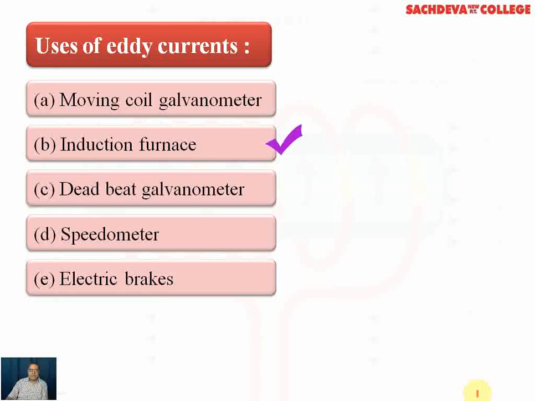Induction furnace is another case where the eddy currents are useful, or the deadbeat galvanometer. That is, if eddy currents were not there, the needle of the galvanometer would never come to rest. Then the speedometer, which operates in exactly the same way as a galvanometer. And the last use of eddy currents will be the electric brakes.